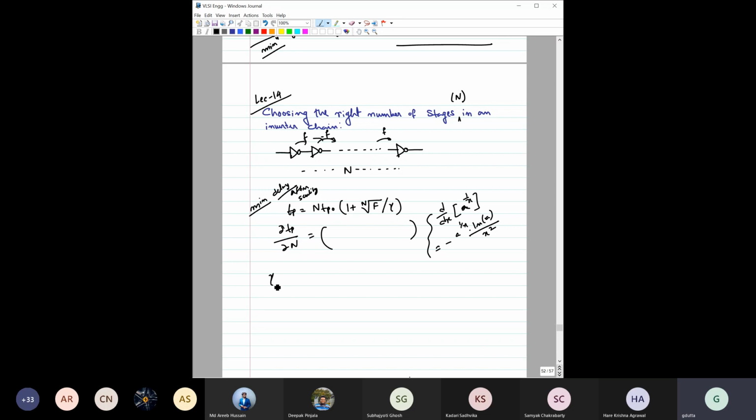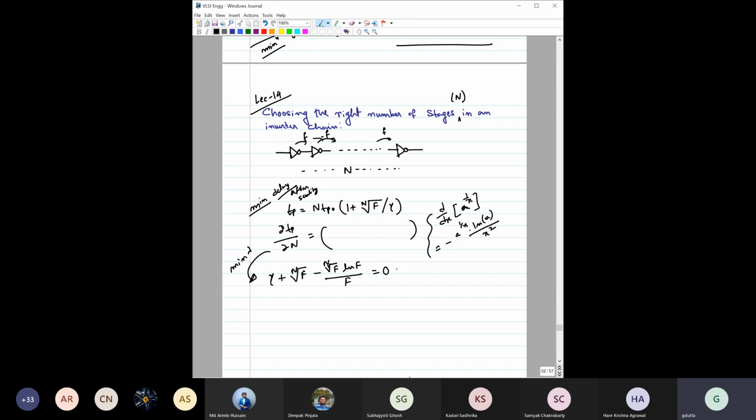So the final expression, if I have to write, comes out to be gamma plus nth root of f minus this nth root of f ln of f by f, that would be equal to, right?